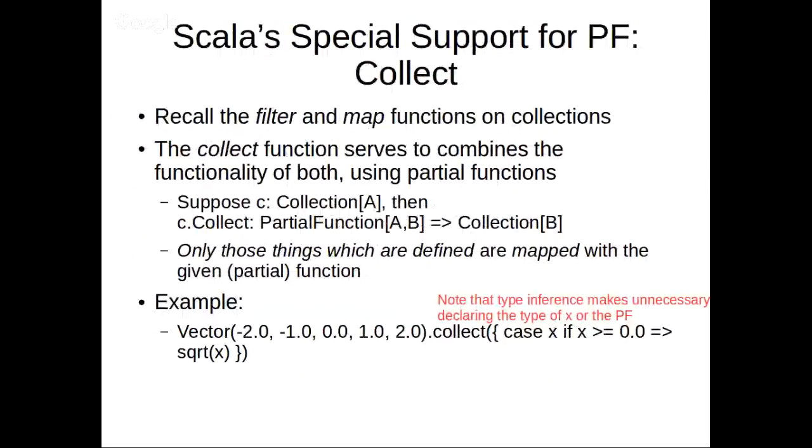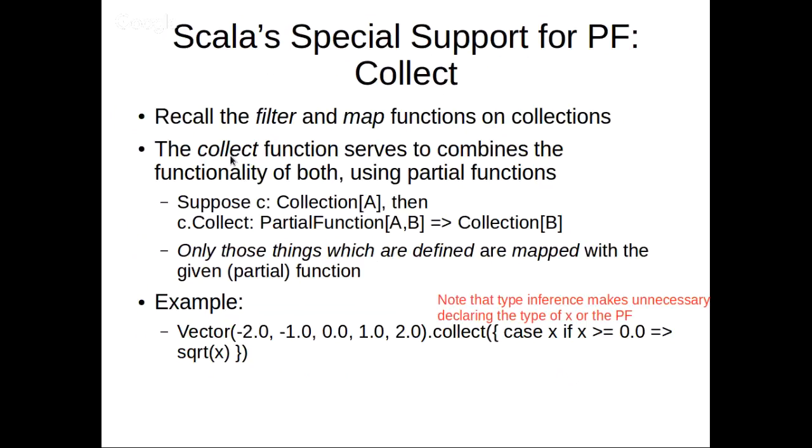Okay. So why am I going into this now? Well, it turns out we're going to be using partial functions, and we're going to use them in an extremely common case where partial functions are used. It's not the only one, but it's a very common one, perhaps the most common. And it's using a method which we haven't used yet called collect.